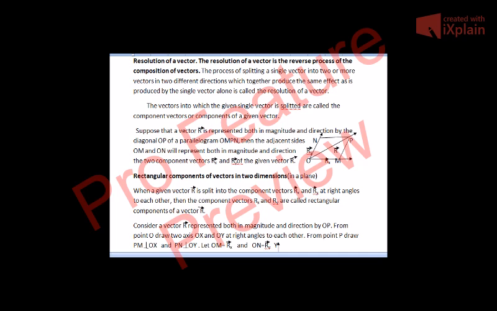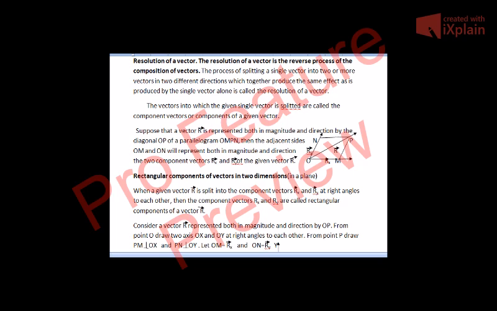It may be XY or YZ plane. When a given vector R is split into the component vectors Rx and Ry at right angles to each other, when Rx and Ry make an angle of 90 degrees with each other, then the component vectors Rx and Ry are called rectangular components of a vector R.